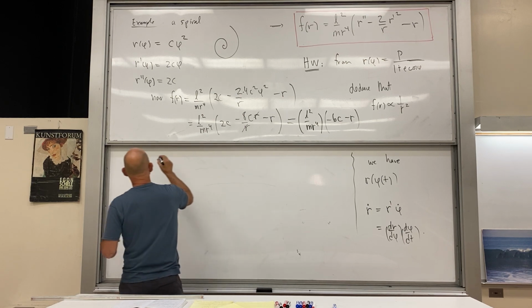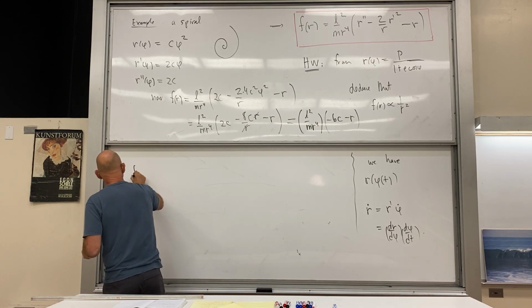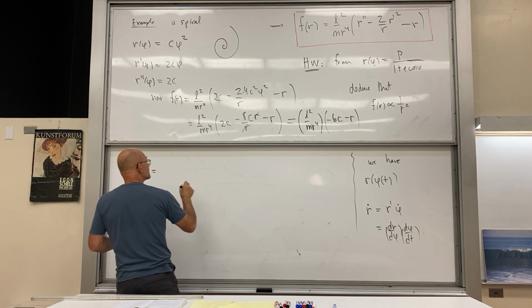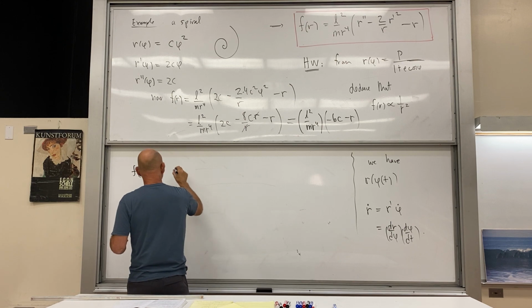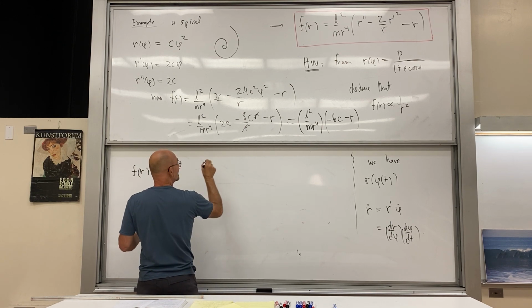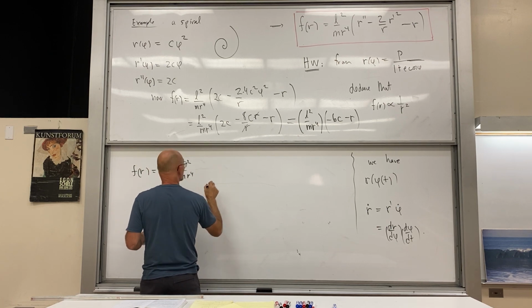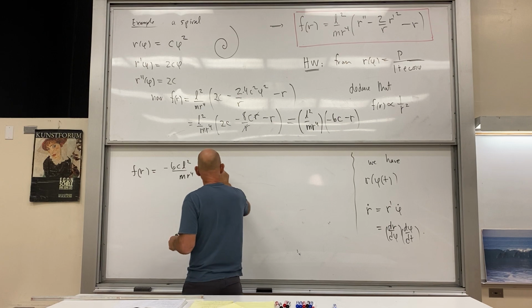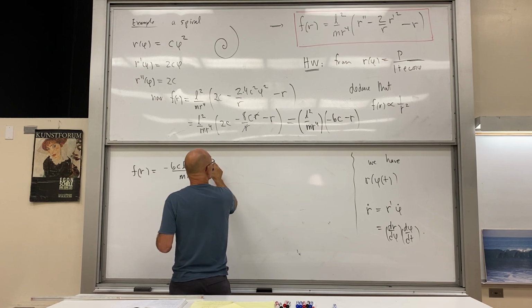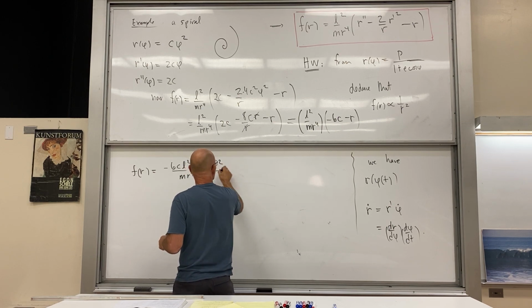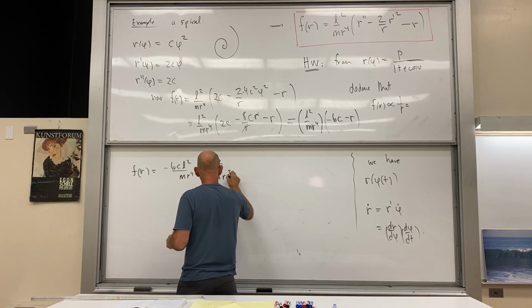So in particular, here's what I want to give. The force law is minus 6c L squared over m r to the fourth, and then minus L squared over m r cubed.